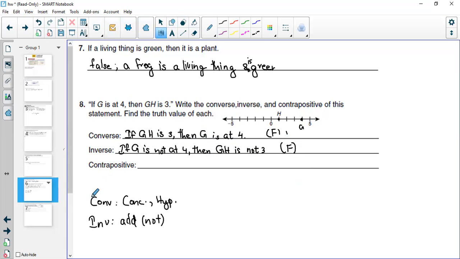Okay, now let's write the contrapositive of that. So what's the contrapositive of this statement? The contrapositive is we are going to flip the inverse statement now, which means we are going to bring this in front and we are going to take the hypothesis behind. So contrapositive is also going to be with the word not. So if GH is not 3, then G is not at 4.